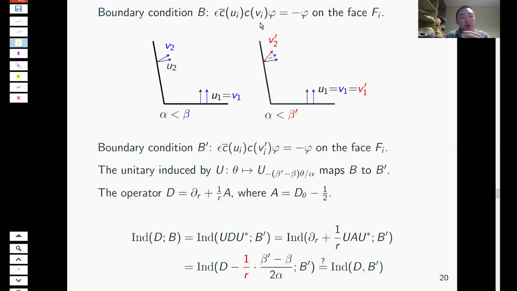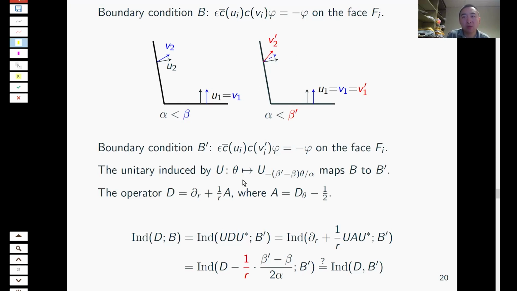Now we want to change the boundary condition by changing the vectors. For the bottom edge, we just let v1 prime be the same as v1, but v2 prime will be changed slightly. Even if you change the two vectors, v1 prime and v2 prime, simultaneously, you can still do a rotation, so that becomes the picture of this.